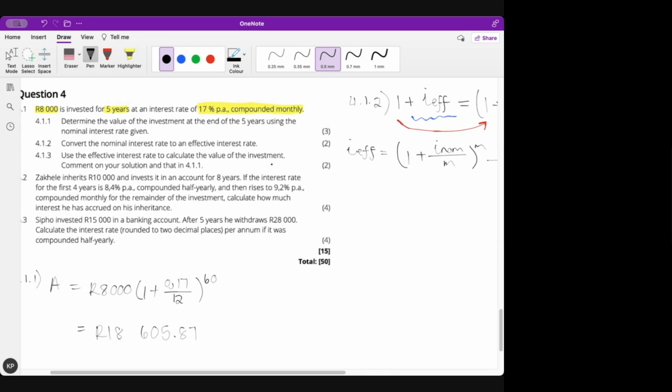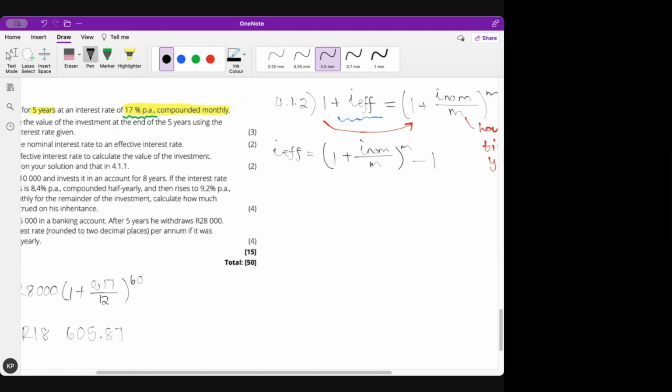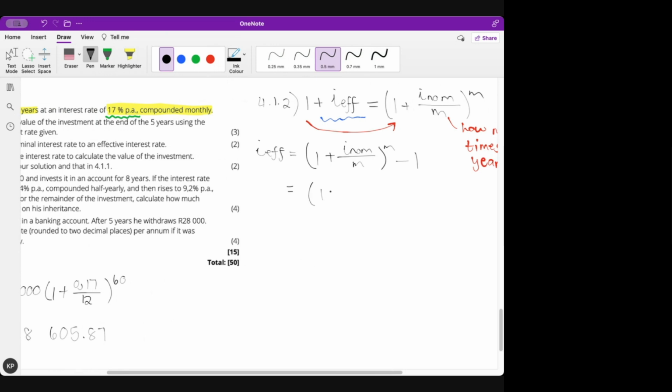Our nominal interest rate is the one that was given in the question, 17% per annum. So if I substitute here, I'm going to get 1 plus 0.17. And we said it's compounded monthly, which means it's how many times a year? 12. So your M is 12, as well as in the exponent, minus 1. So let's look for our effective interest rate.